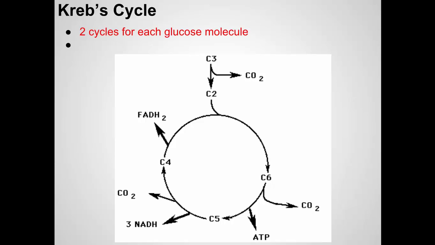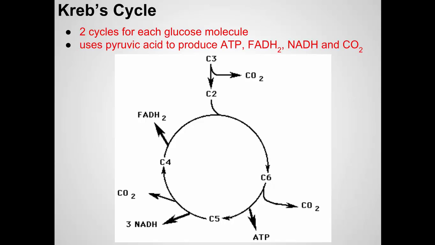So for every glucose, the Krebs cycle has to go twice, one for each pyruvate. And it uses that pyruvate to produce ATP, FADH2, NADH, and carbon dioxide as a waste product.